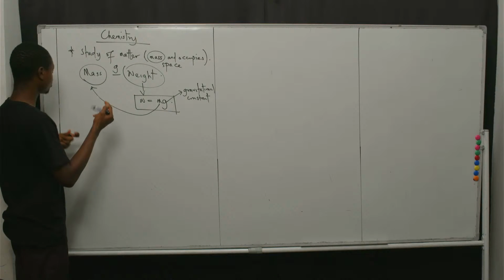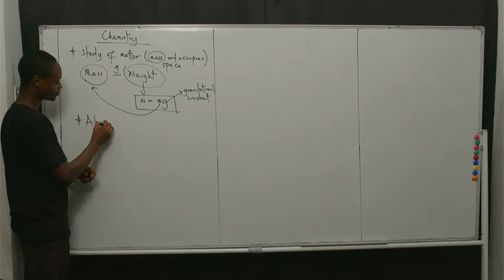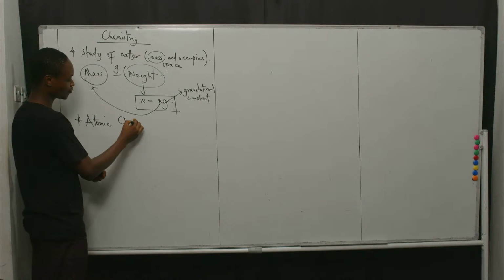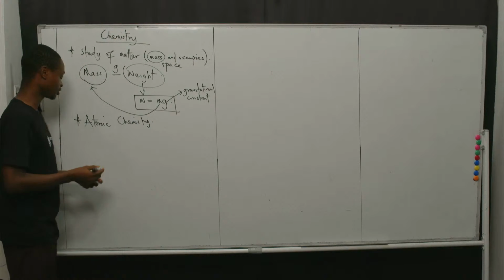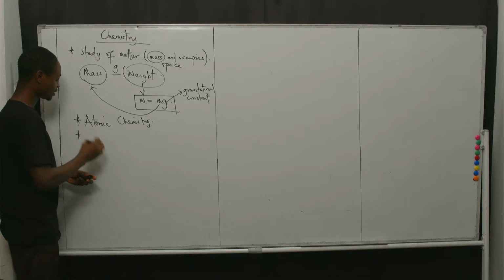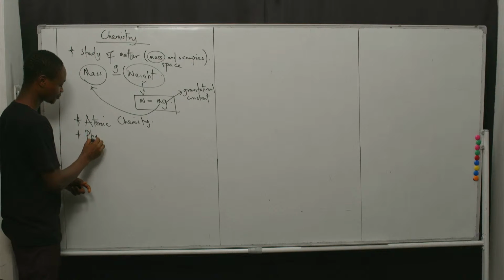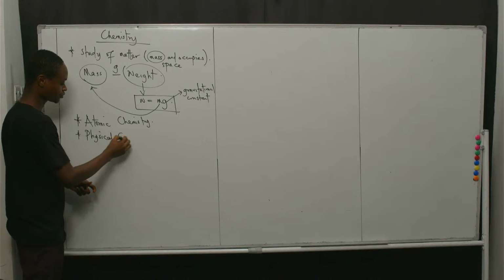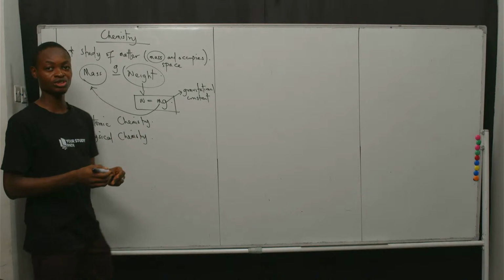We can either decide to study it in its atomic form, and that's the branch we call atomic chemistry, or we study it in its physical form. Physical chemistry.